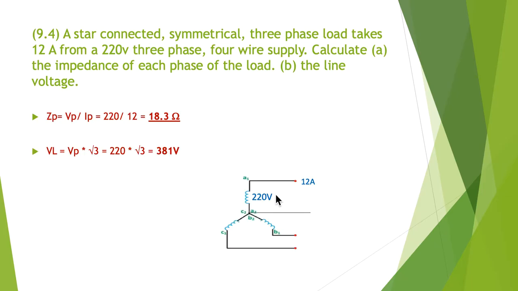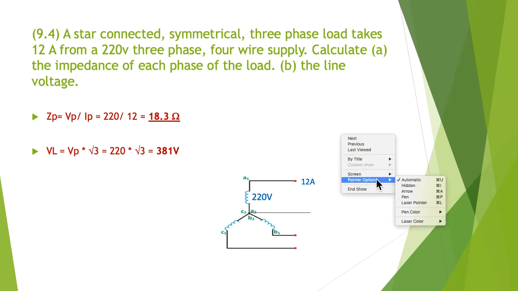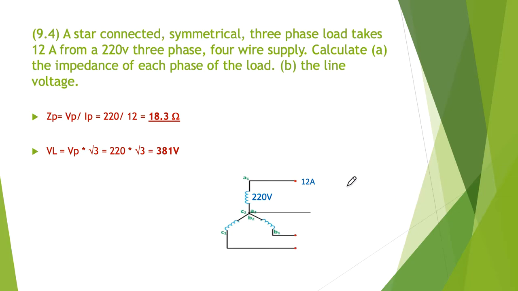So again, we draw our circuit diagram, we label it with the information that we have. So they told us the three-phase load takes 12 amps at 220 volts, three-phase, 4-wire. Calculate A, the impedance, and the line voltage.